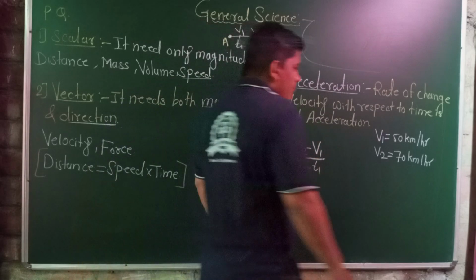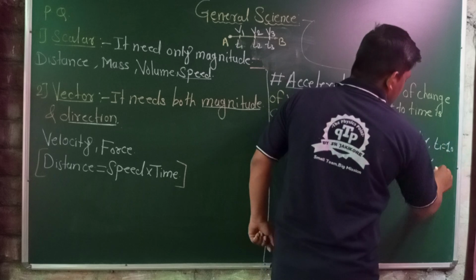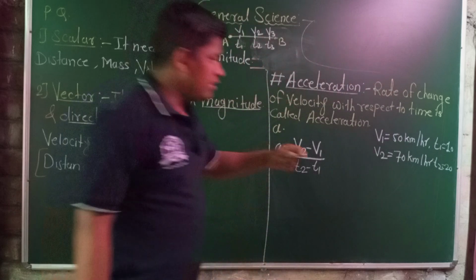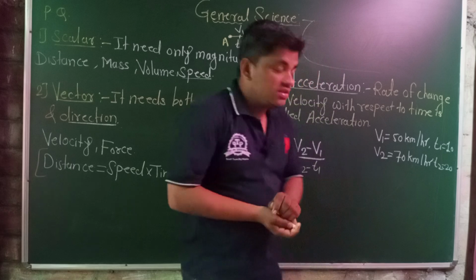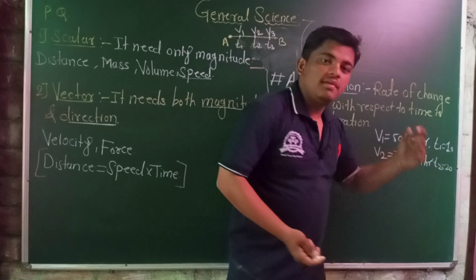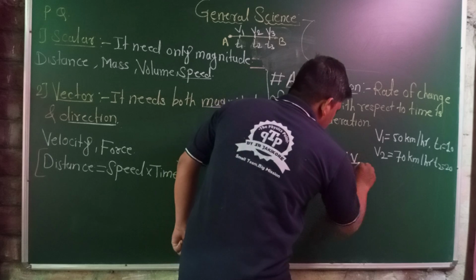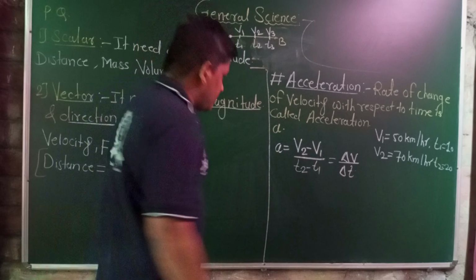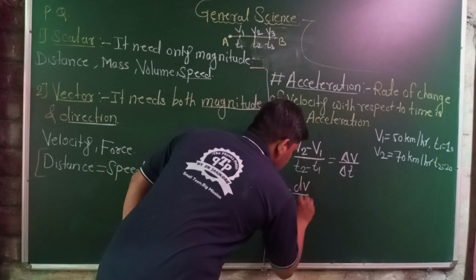The time at point 1, that is T1, will be 10 minutes and T2 will be 20 minutes. The difference between these two times will be delta T. This is again called dV upon delta T. In the proper or physical explanation, that is dV upon dt.